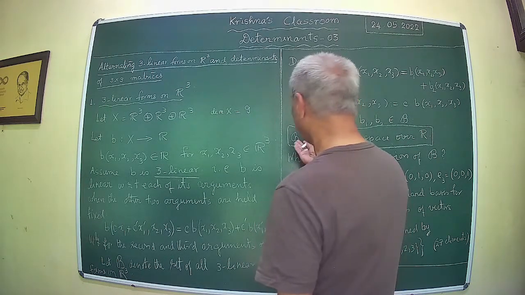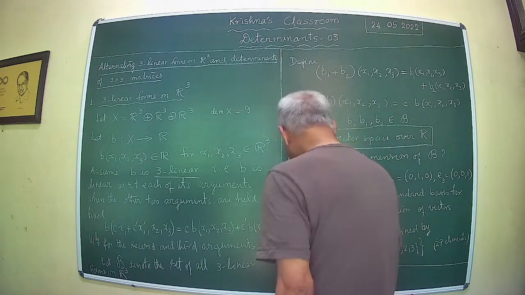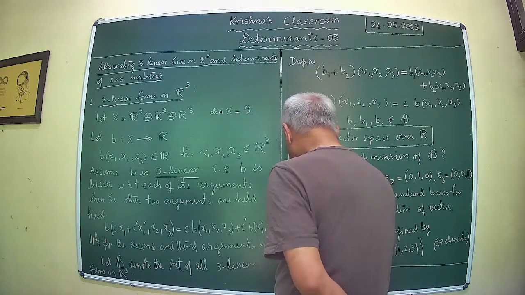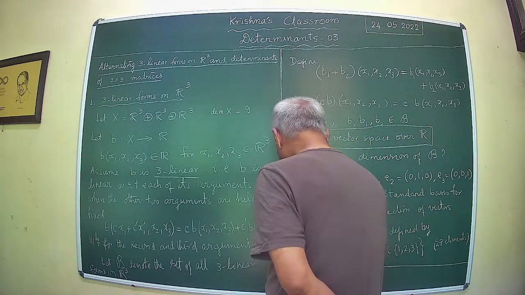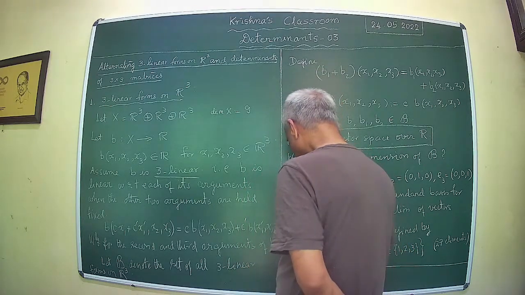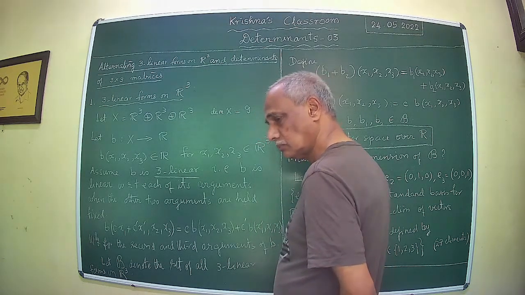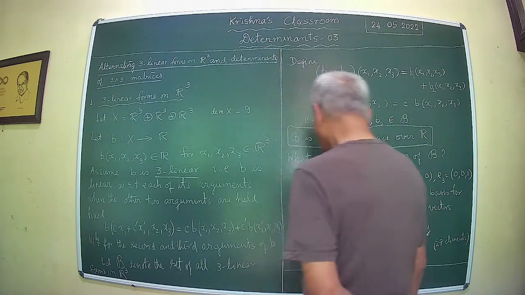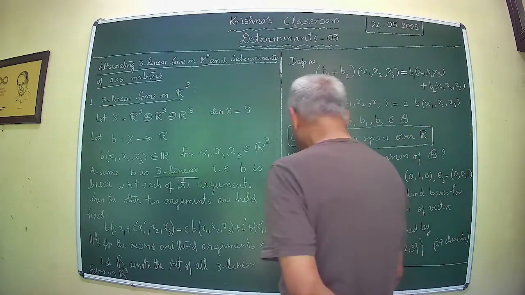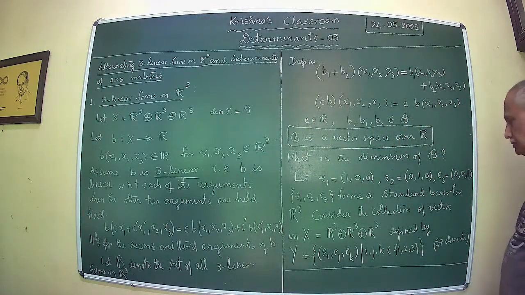So we already used B here, and therefore we will use some name, some collection, say some collection Y.